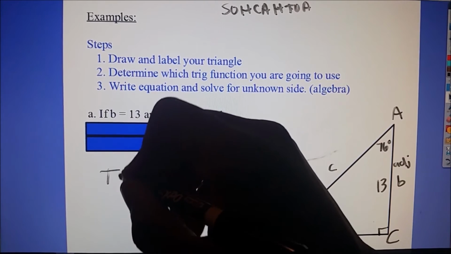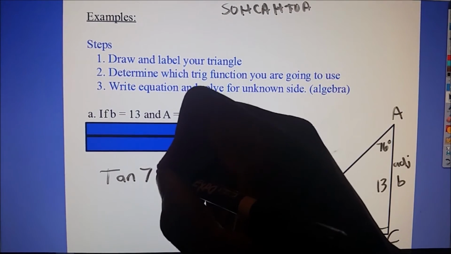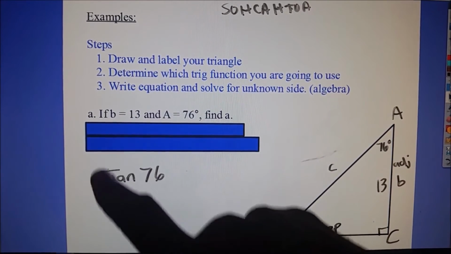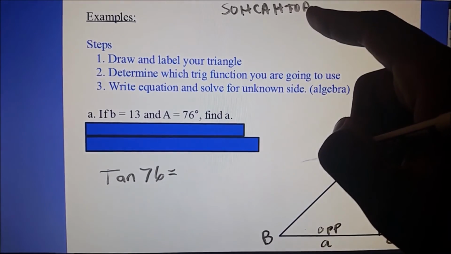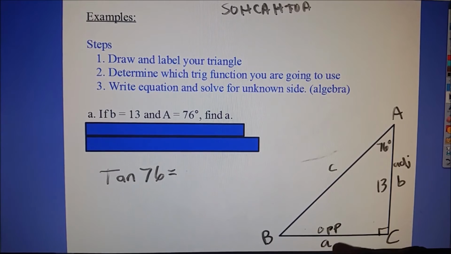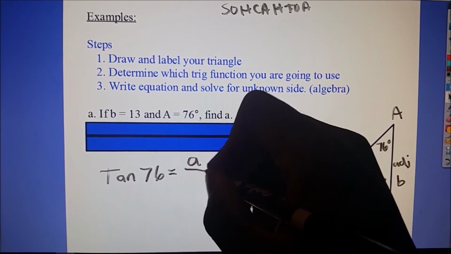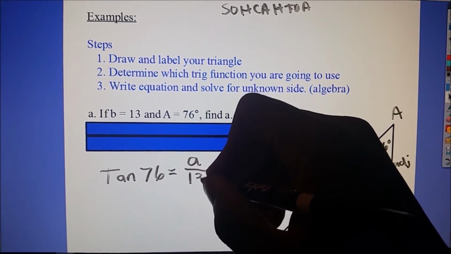So tangent of the angle you're focusing on, 76. Okay, so tangent of 76 degrees, this is an actual number, is equal to the opposite over the adjacent. So the opposite, we don't know. So let's go ahead and put little a over the adjacent, which we do know, which is 13.